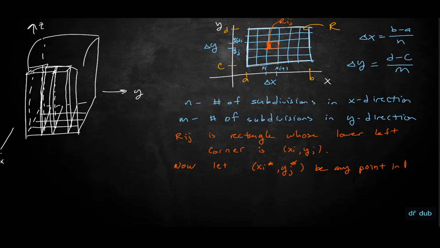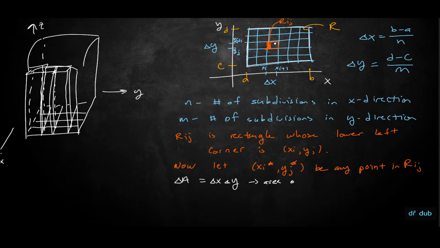So basically just pick any point that you want from this subrectangle. I'll just draw a white dot right there to represent the point. And the area of this subrectangle is delta A. So delta A equals delta x times delta y, which is the area of the subrectangle.